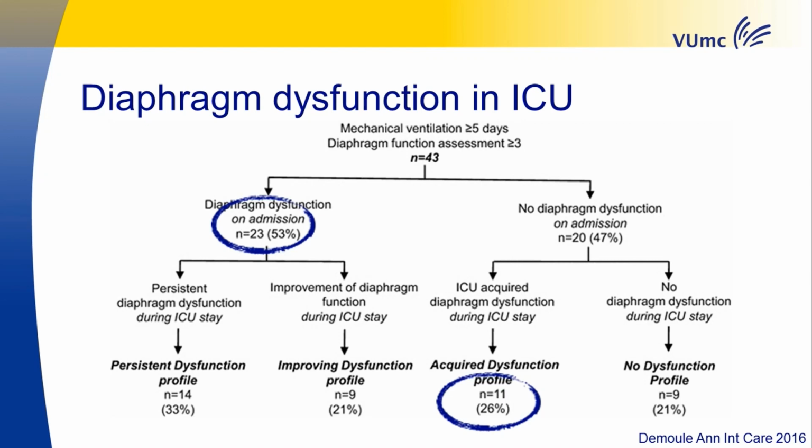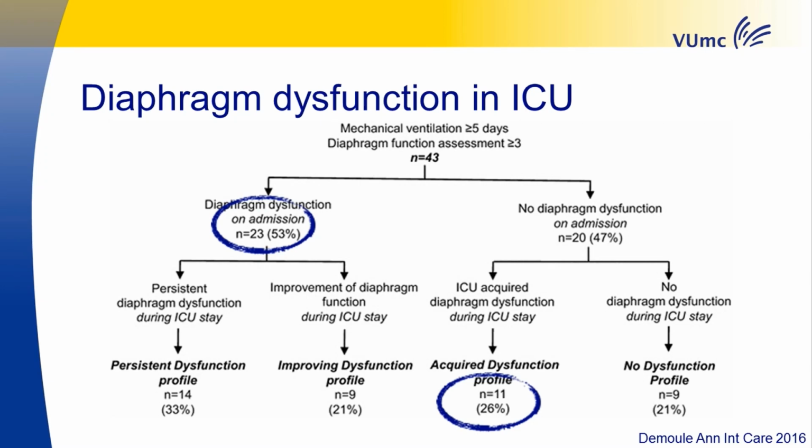This is very nice data by Alexander de Moule, published last year. A rather small group, but it gives you an idea: 43 patients that were ventilated for at least 5 days, and he measured pressure generating capacity of the diaphragm from day 1 on. And there's an interesting thing, and we're going to discuss that later. On the day of admission, 53% of the patients already fulfilled criteria for diaphragm weakness.